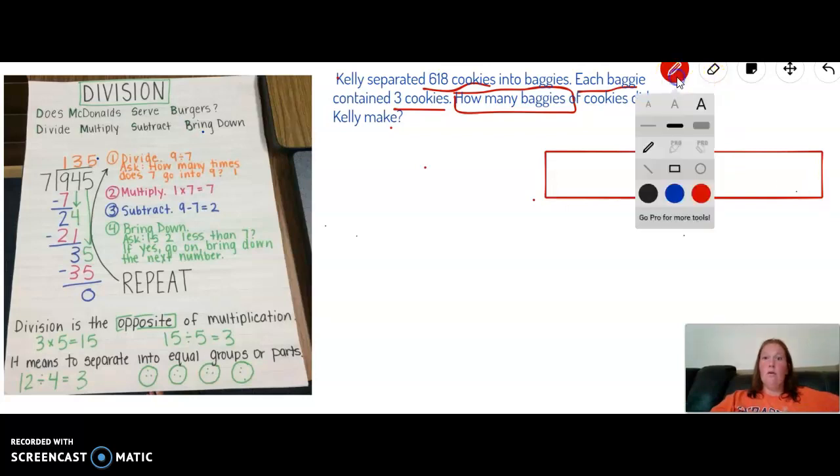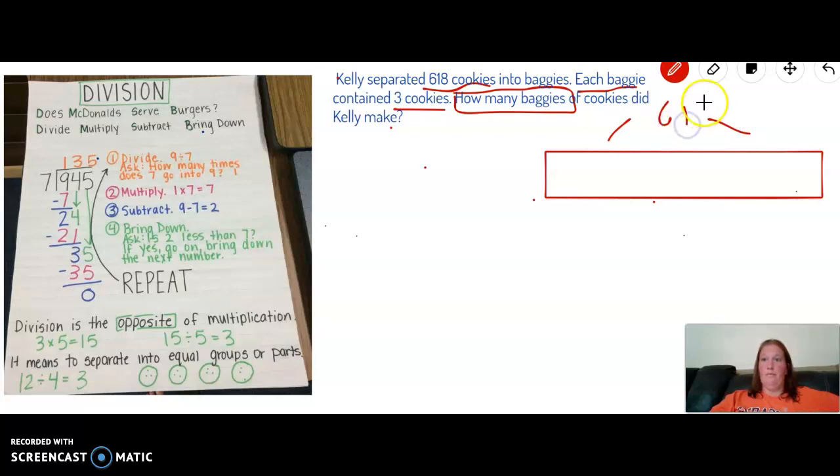So we know that the total cookies that we have is 618. Perfect. Now, we know that each baggie contains 3 cookies.